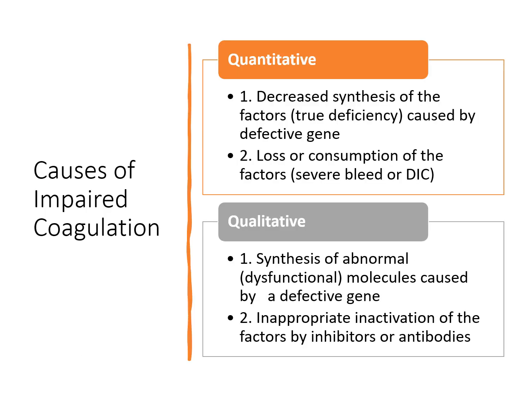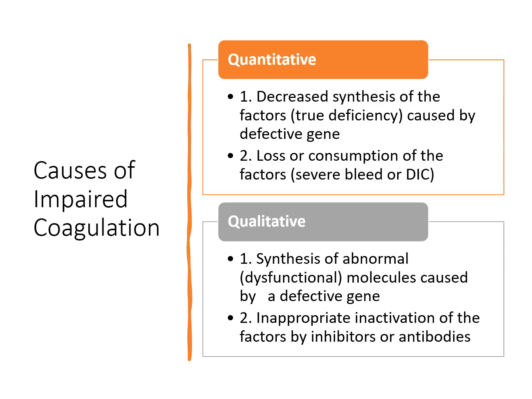All right, so let's talk a little bit about some of those causes of impaired coagulation. Impaired coagulation normally falls under two broad categories. First, we have our quantitative causes, and then we have our qualitative causes. Our quantitative causes are related to the amount of COAG factors or components available for use when in need.